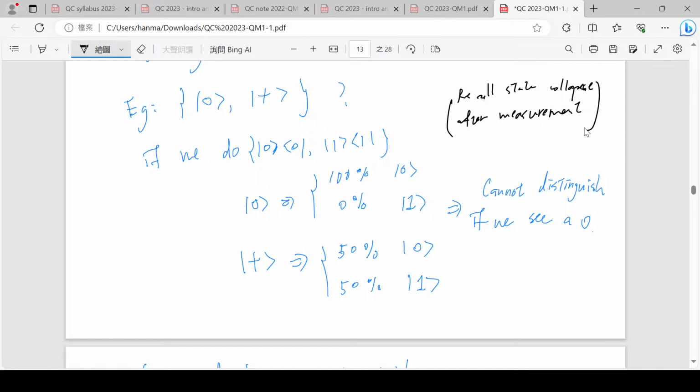Once you do the measurement, you are just going to get a 0 state or a 1 state, no matter what your starting state is. So even if you start with a plus state and you get 0, then you do the 0, 1 measurement again, you just keep getting 0, 0, 0, 0, 0. Only drawing on these 50%, 50% ones. And if you get 1, then you keep doing the computational measurement, you get 1, 1, 1, 1, 1. And obviously if you get 0 as input, you will get 0, 0, 0, 0, 0.